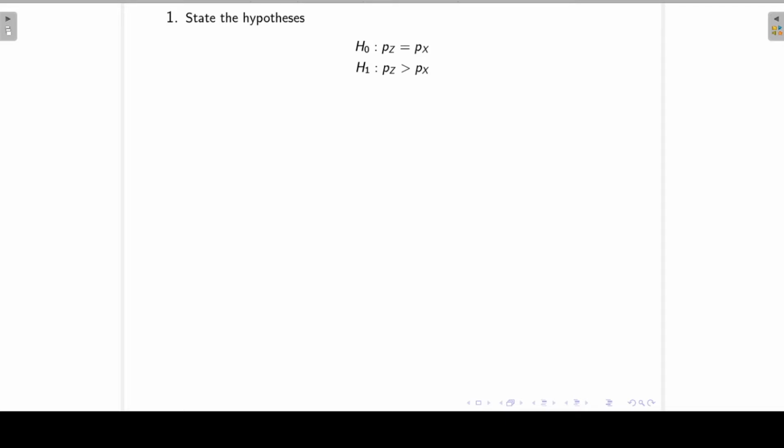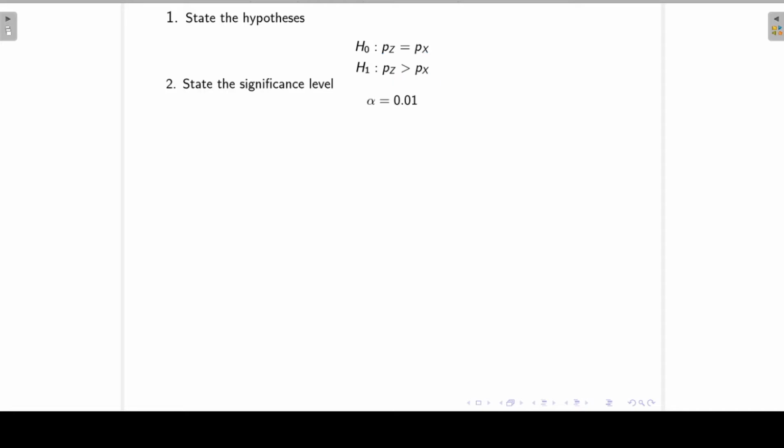So we have the proportion defectives for supplier Z equal to the proportion defectives for supplier X, versus the alternative that there are a larger proportion defective chips for supplier Z than for supplier X. So that is a one-sided alternative. It's one-sided to the right.